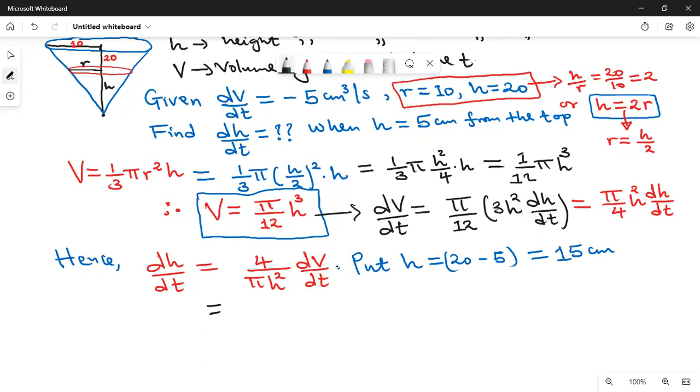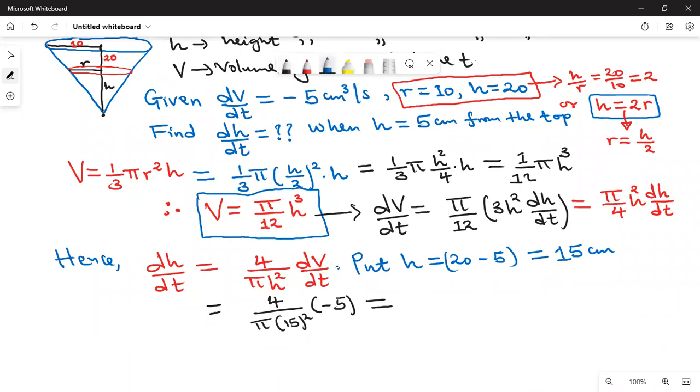So we'll have dh/dt to be 4 over pi times h squared, that is 15 squared, then times dV/dt, which is -5. You can press this in your calculator. Leave your answer in terms of pi.